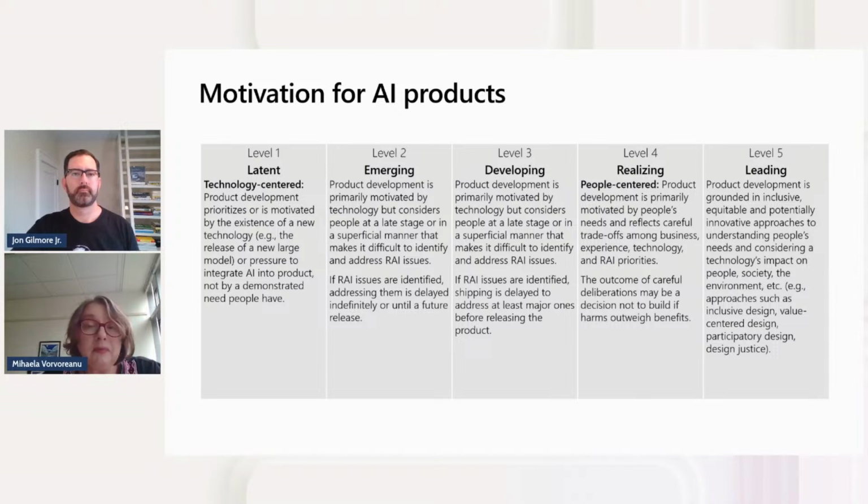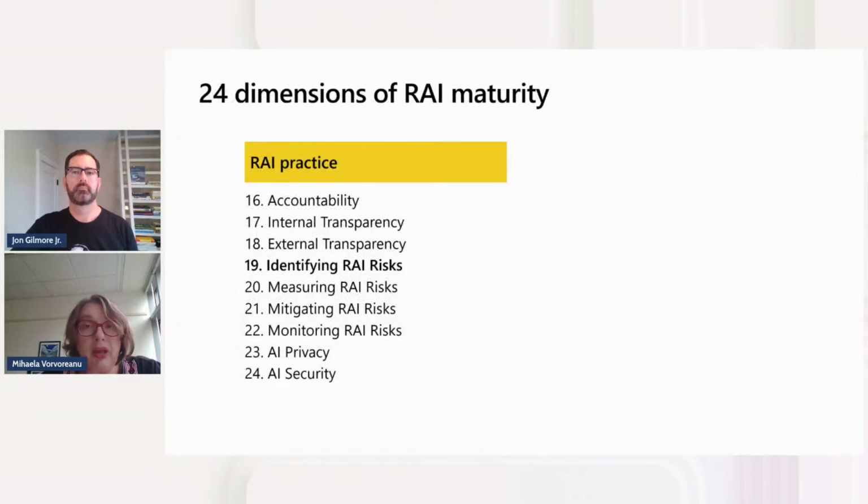And finally, let's look at the third category of dimension. These dimensions are grouped around responsible AI practice. You'll recognize here some familiar words like our AI principles of accountability, transparency. But also, this maturity model makes clear and validates a framework that we use at Microsoft for dealing with responsible AI risks.